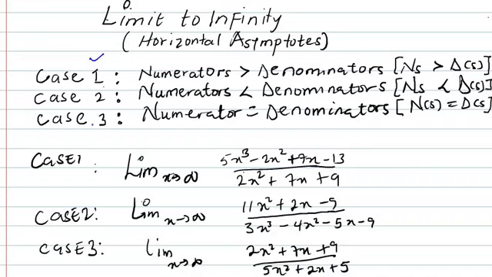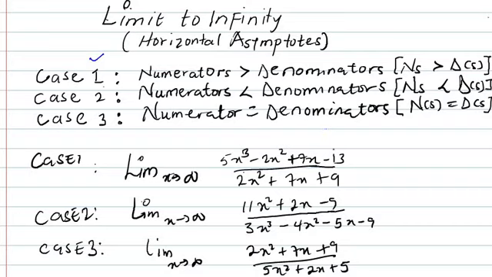The numerator is n of x and the denominator is d of x. By looking at the numerator and denominator, see which one is greater, the one with the highest power, the highest degree.